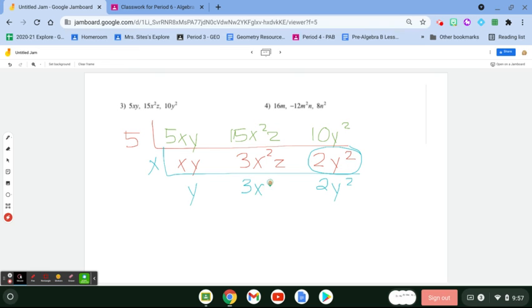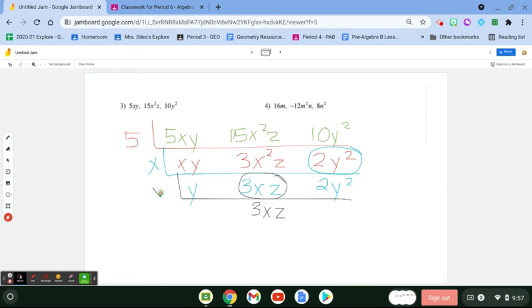3x, z. Okay. Now I'm going to look and see, is there any x's in common to all 3? Nope. Any x's in common to 2? Nope. So I'm going to move on to the y's. All right. With the y's, I see it's in common in the first and in the last, but not the second term. So I'm going to circle that, bring it down.